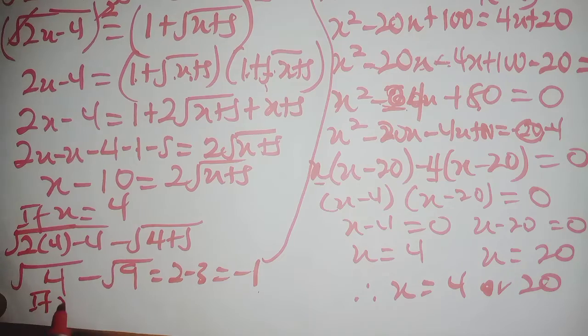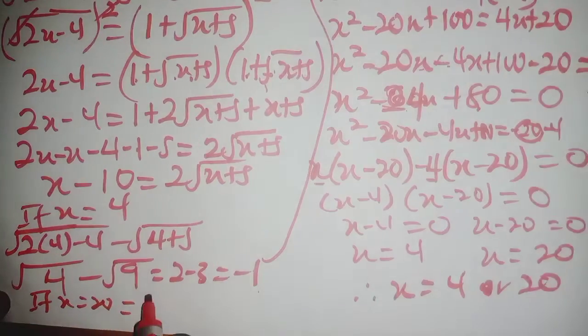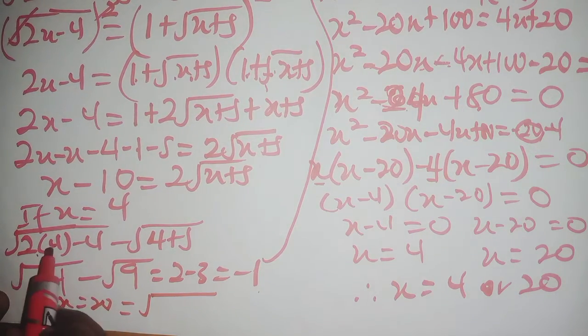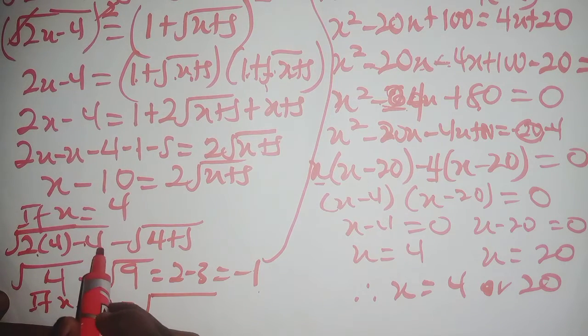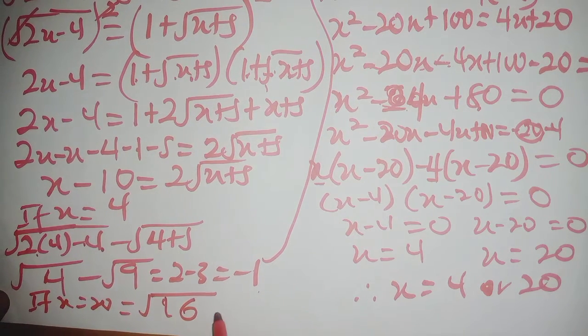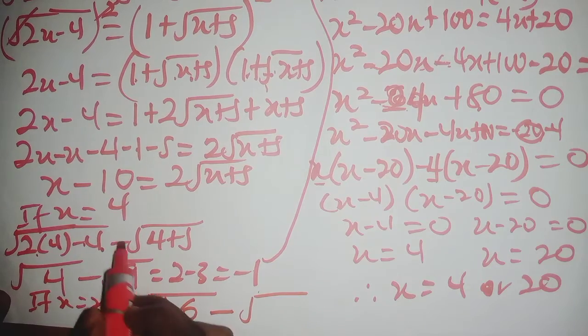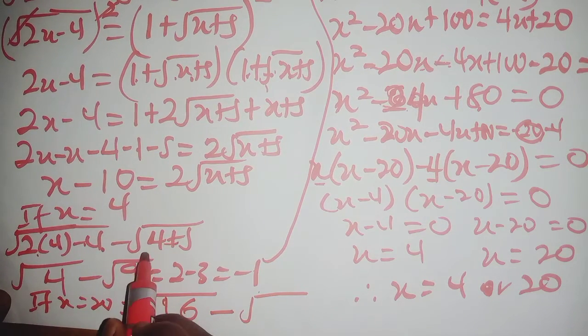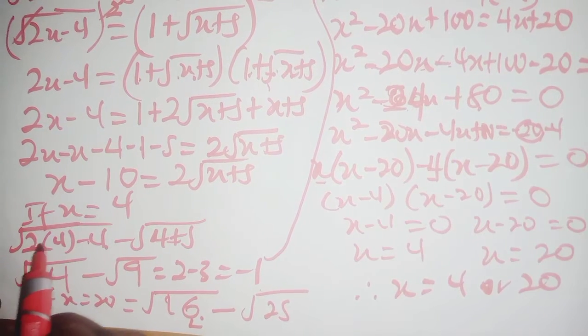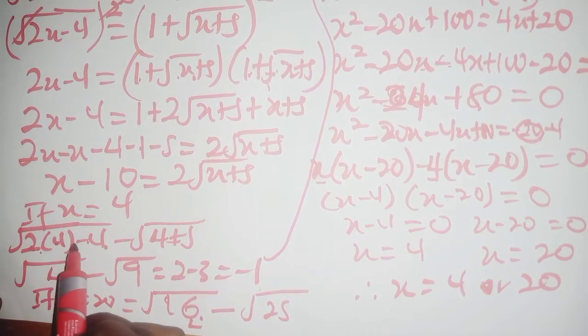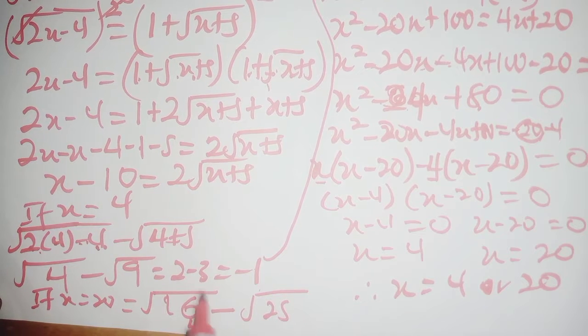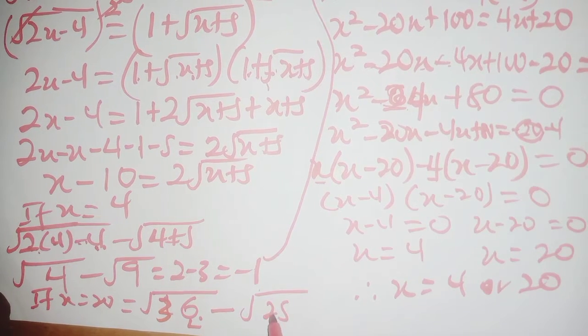If x is equal to 20, then it becomes 2 times 20, which is 40, minus 4, becomes 36 for the first part, and then the second part becomes just 20 plus 5, which is 25.